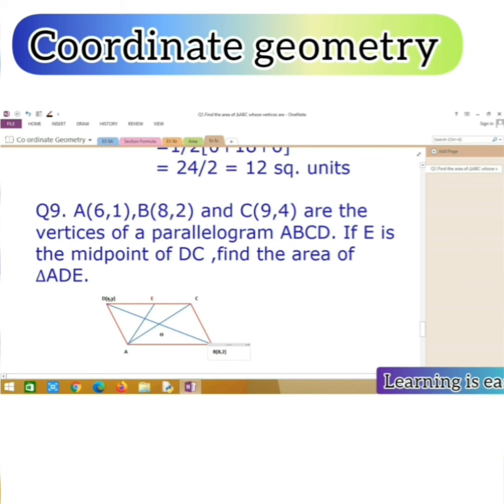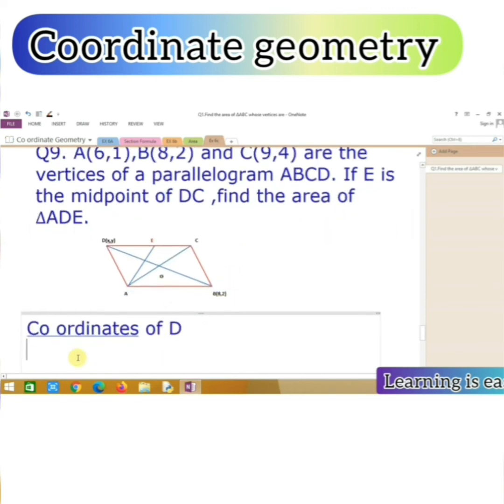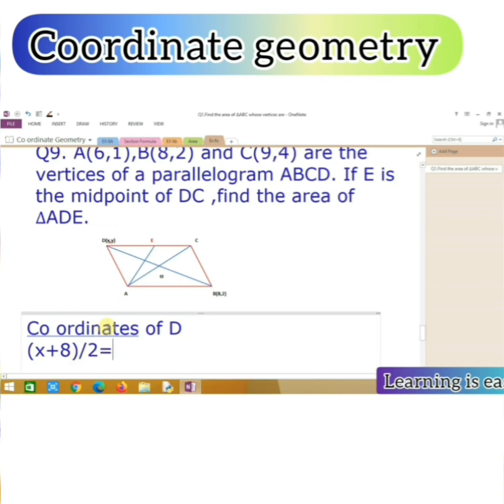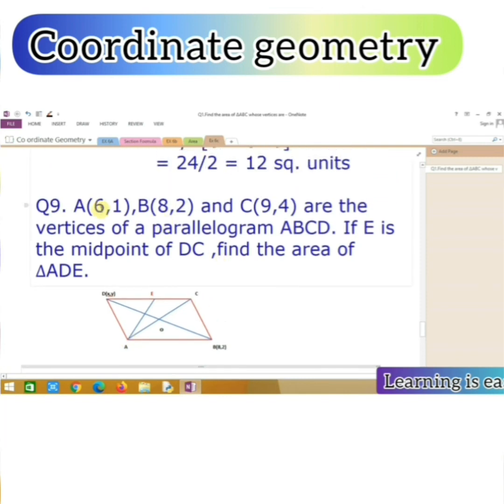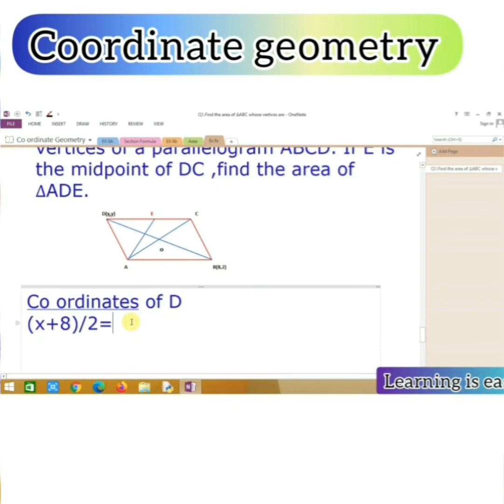A and C also we know. So by equating the diagonals AOC and BOD, (x plus 8)/2 equal to (6 plus 9)/2, which is 15 by 2.